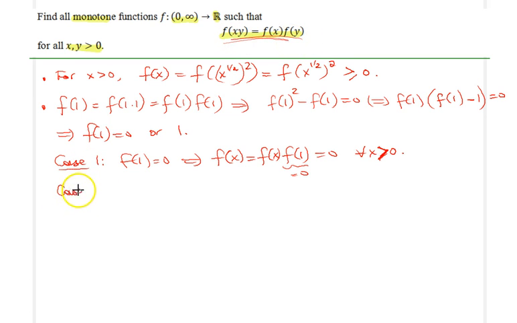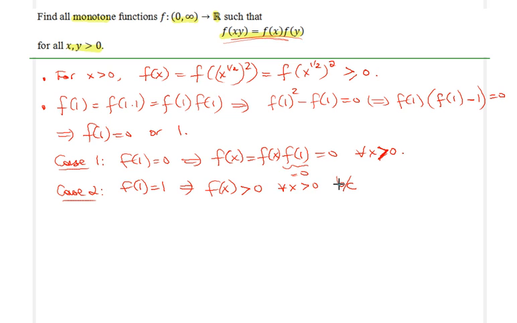The second case, which is the interesting case for us, is when f of 1 is equal to 1. Then in that case, f of x must be greater than 0 for all x greater than 0, and for a good reason.